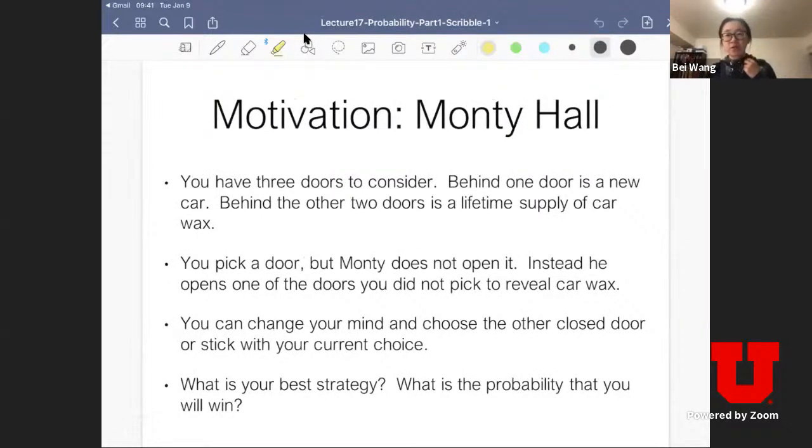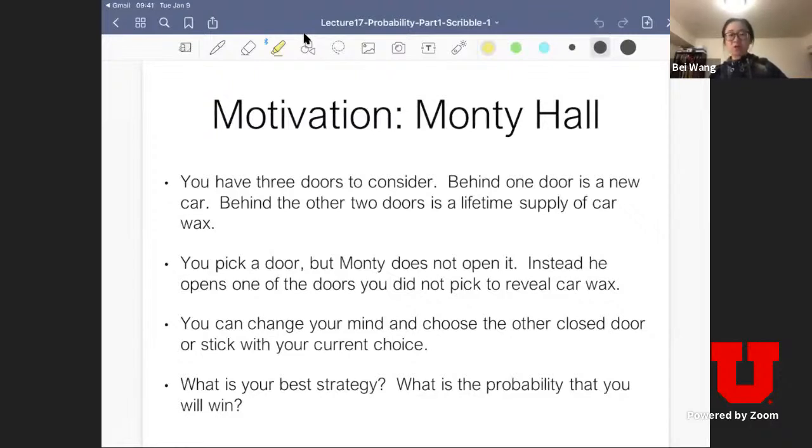The motivation for studying probability actually comes from Monty Hall. The story is that you have 3 doors to consider, and behind one door, for example, is a new car, and behind the other 2 doors there is a lifetime supply of car wax. You pick a door, but Monty does not open it. Instead, he opens one of the doors you did not pick to reveal it contains car wax.